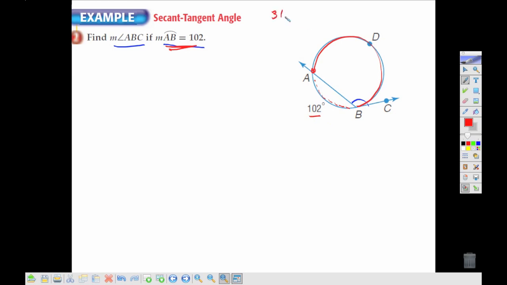So we take that 102, we subtract from 360 degrees because we're using the whole circle there. That's going to leave us with 258 degrees, which would be the measure of this larger arc. And so using our theorem that we just found, the measure of angle ABC will be equal to 1/2 of that outside arc, 258, which will come to 129.